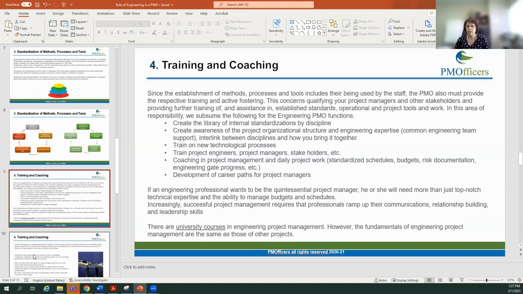Coaching in project management and daily project work: standardized schedule, budget, risk documentation, engineering gate processes, etc. I want to mention that the engineering gate processes are probably different from a normal project life cycle milestone.